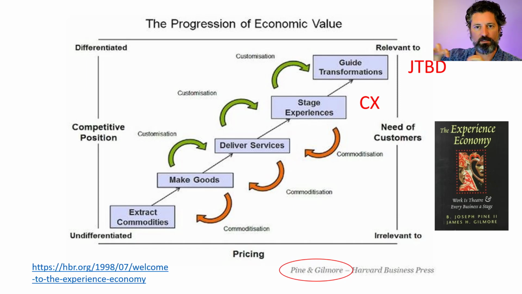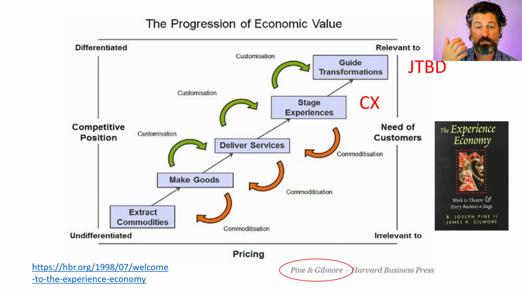Then we get into the stage where we're creating these experiences for people. So this is the idea of the experience economy that we're in now. And then ultimately, maybe at some point, marketers are guiding people into transforming and self-actualizing, right?